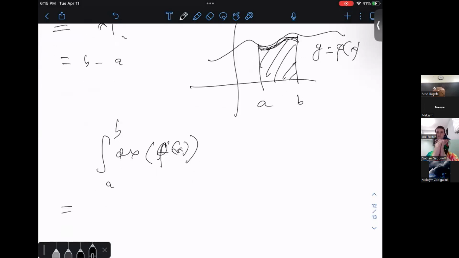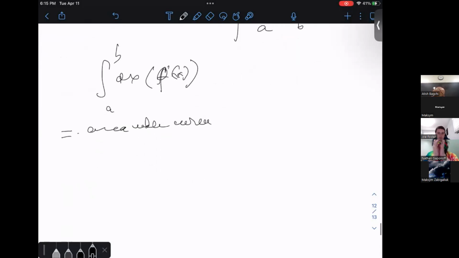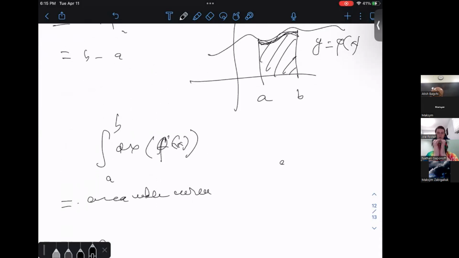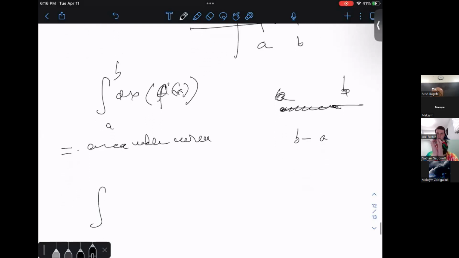So if I write area under curve, you agree that this length is b minus a, if this is a and this is b, right?